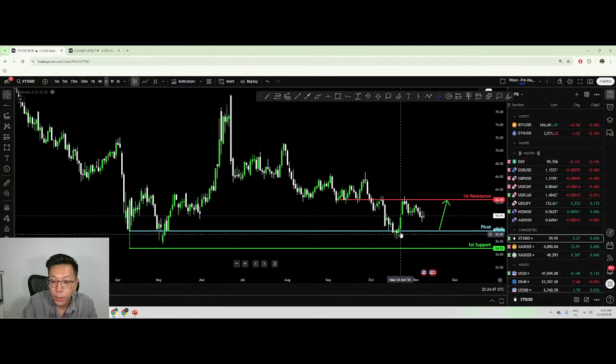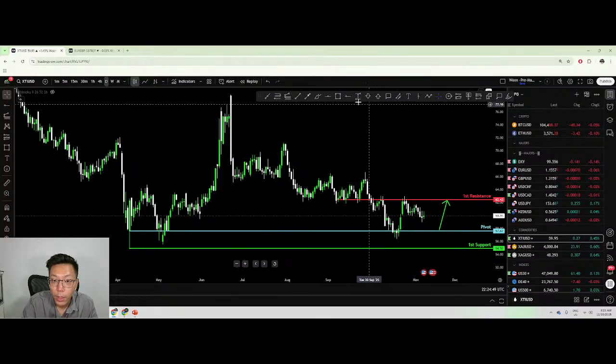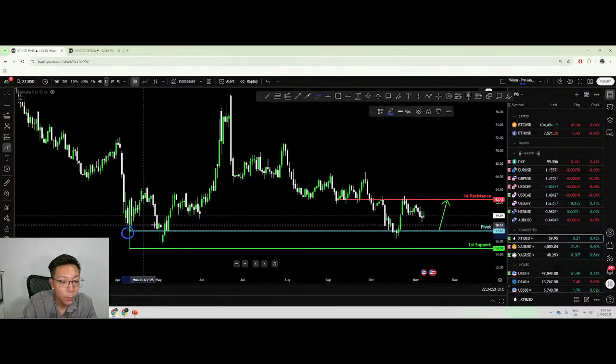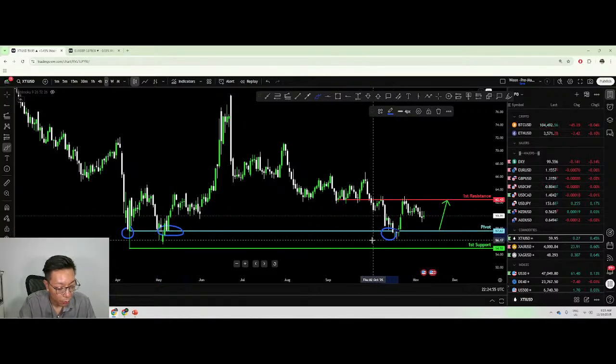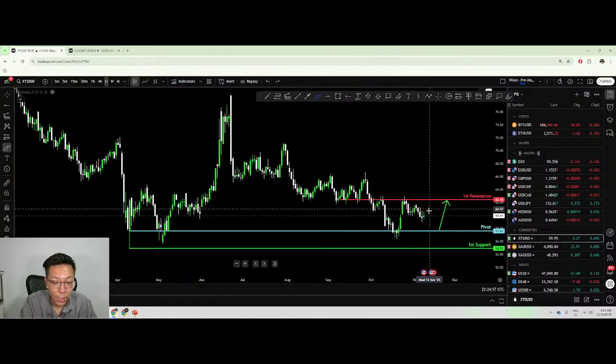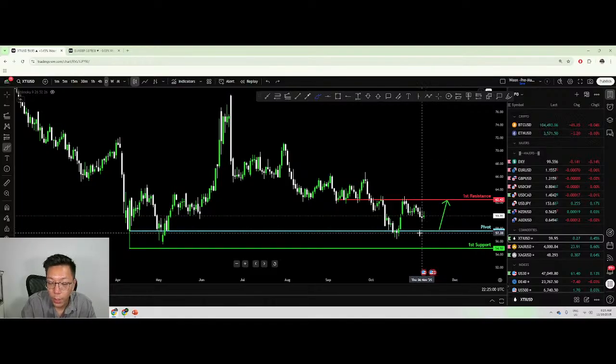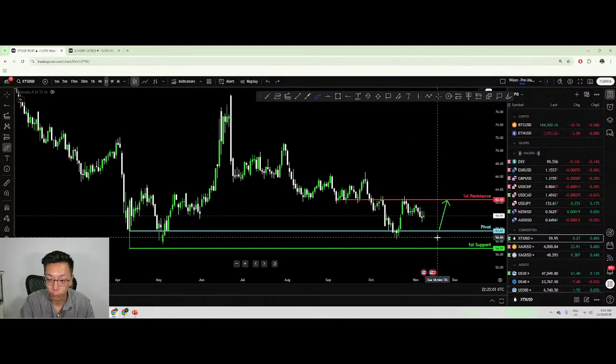Why I picked this as my pivot point is because there are multiple touches right here. That is why I would say this is a valid level for oil to bounce off from.